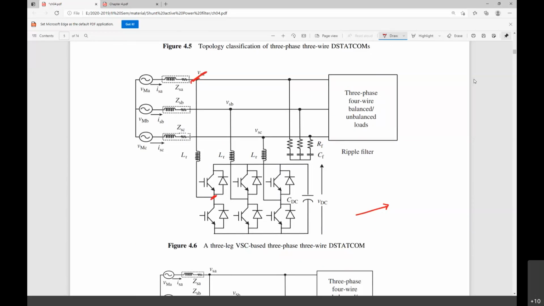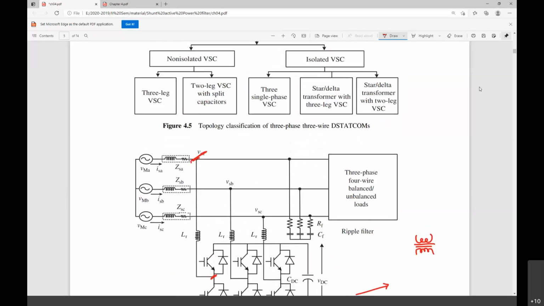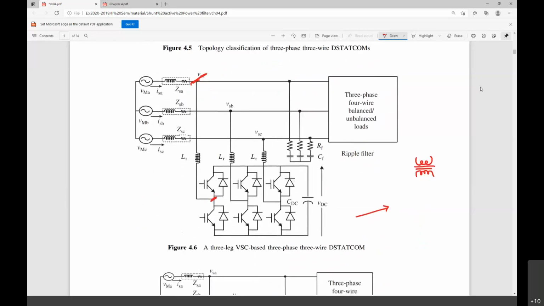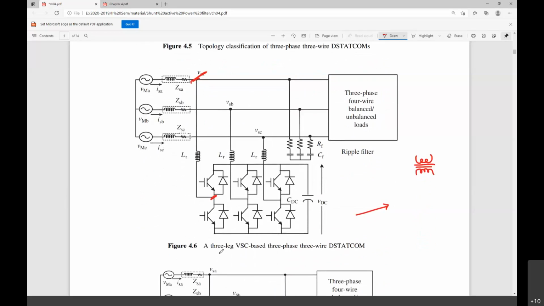If there is a use of any kind of transformer, then this can be called an isolated VSC. This is a topology related to a three-leg voltage source converter based three-phase, three-wire D-STATCOM.